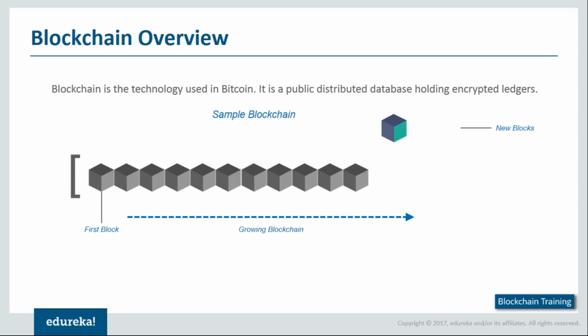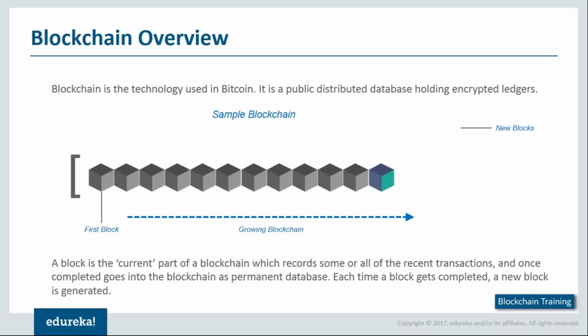Every new block contains multiple transaction details, which are hashed and encrypted and stored as part of a block. Every 10 minutes, as per the current time, a new block gets created. As you keep grouping these blocks, it becomes a long chain, and it is called the blockchain.